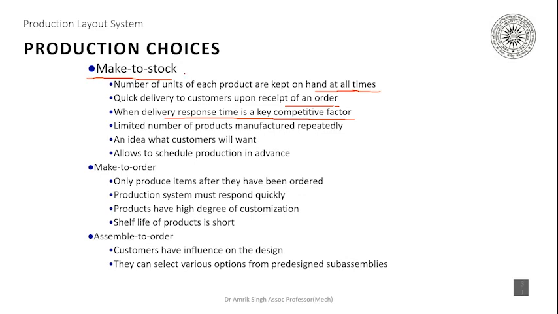when the delivery response time is a key competitive factor. So we produce for such items. Suppose a person is making, say, cameras. Canon is there, Sony is there, and maybe Kodak, now it is closed, of course. So these three people are there, and if they have made as per MTS, and they are keeping the item in stock, then they can supply.